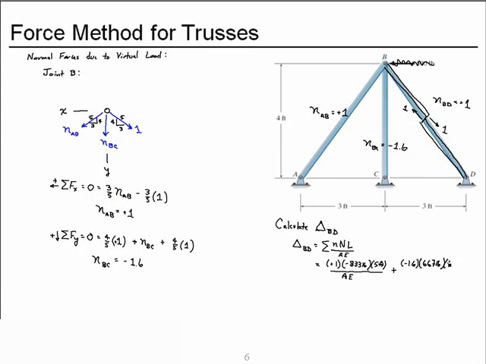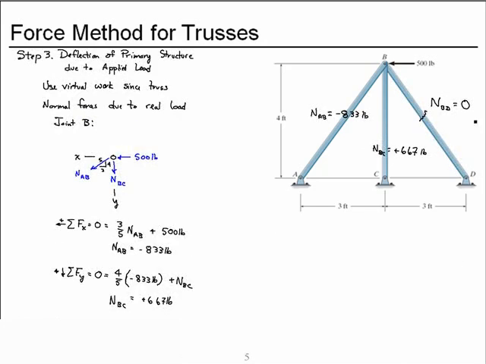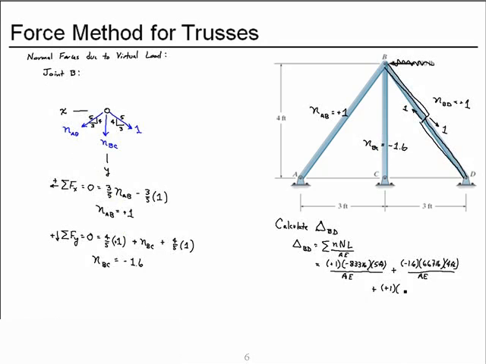That member is 4 feet tall over AE. And we add in the contribution from member BC, and the virtual normal force is a positive 1. Due to the real load, we found it to be 0. And even though that whole term will then become 0, I'll finish writing it out for completeness.